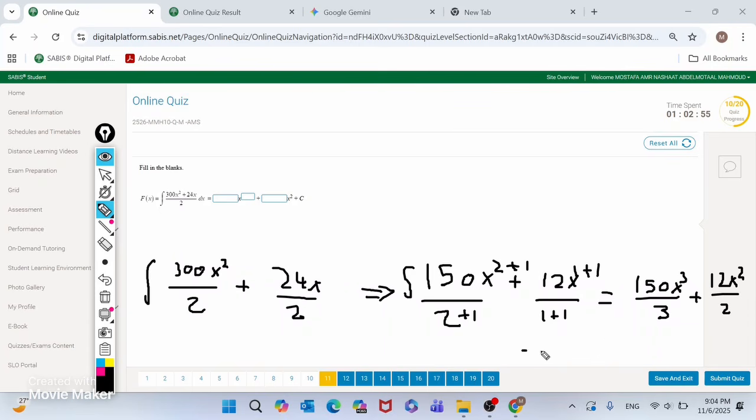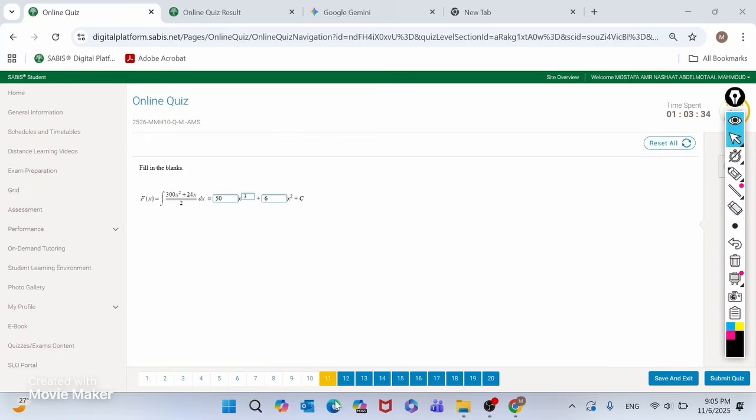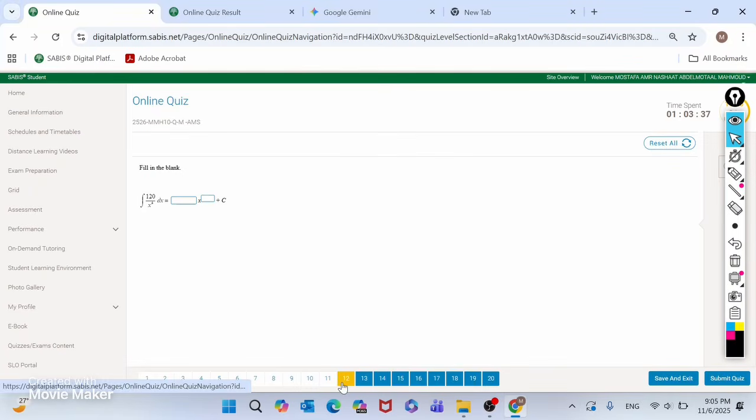You just simplify it, so it's going to be 50 x cubed plus 6x squared plus c. Don't forget the c. But guys, to be honest, I feel like integrals are easier than derivatives. These derivatives are so hard.